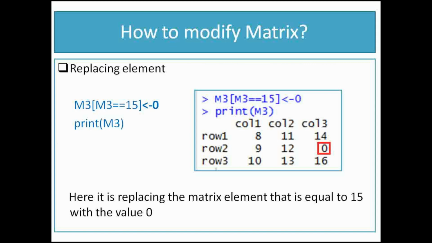If the value of the matrix element is 15, then only it will be replaced by 0. So if M3 equals 15, then it will be assigned 0. It replaces the matrix element that equals 15 with the value 0. This is another type of modification of a matrix.